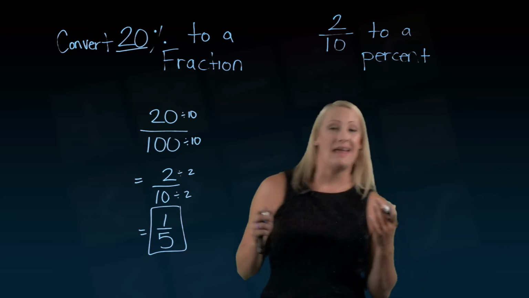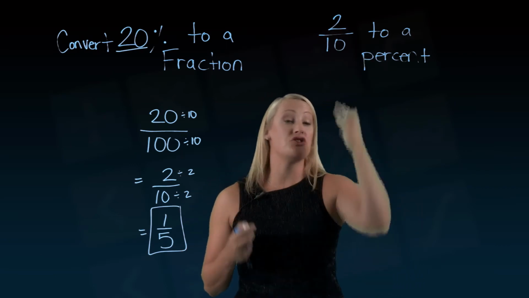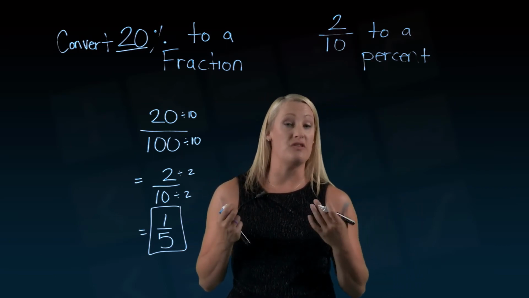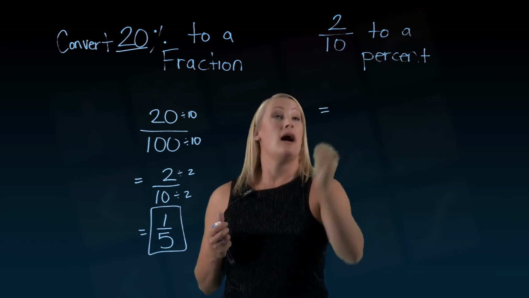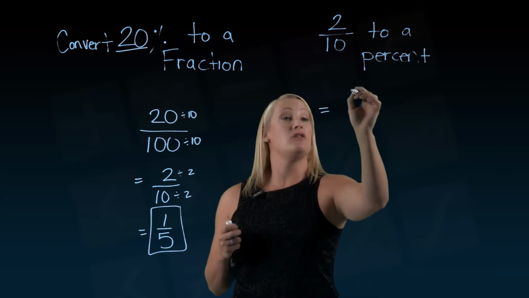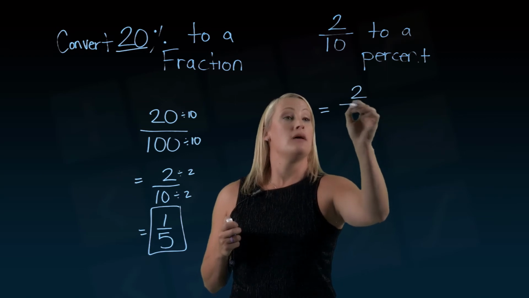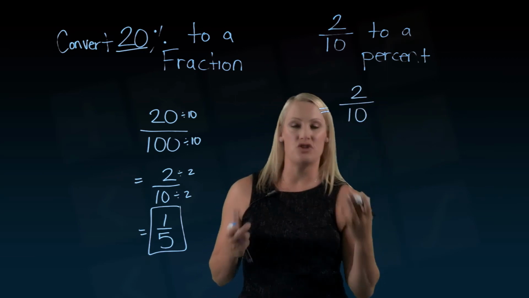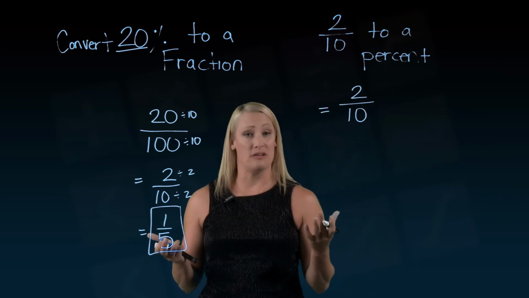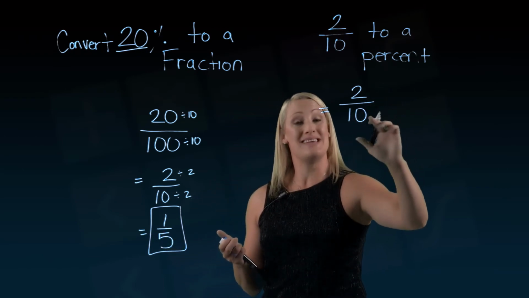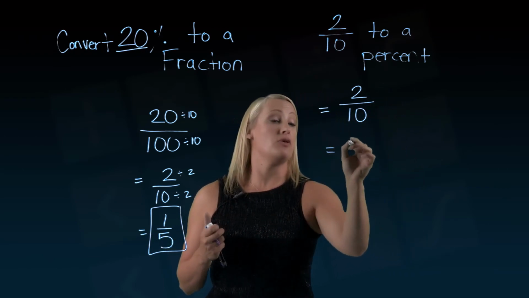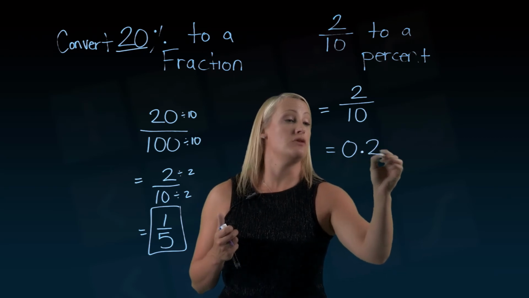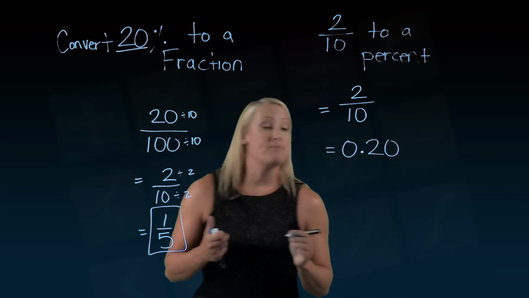I have another example here. I've got 2/10. That's a fraction, and I want to convert that into a percent. Now, if you had your calculator, it would be pretty quick and easy, because a fraction is just a division question. So in your calculator, 2 divided by 10 would give you 0.20.